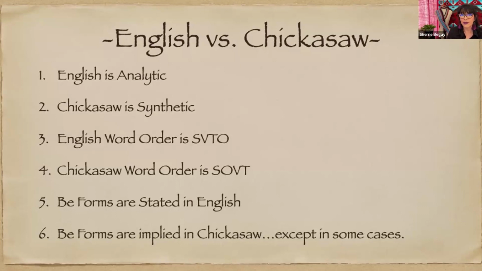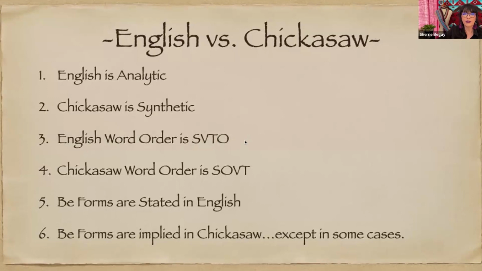The next main difference you'll notice about Chickasaw and English is the word order when you're forming a sentence in English as opposed to Chickasaw. If you look here on my screen, English word order is SVTO. So we've got subject, verb, tense, and object.